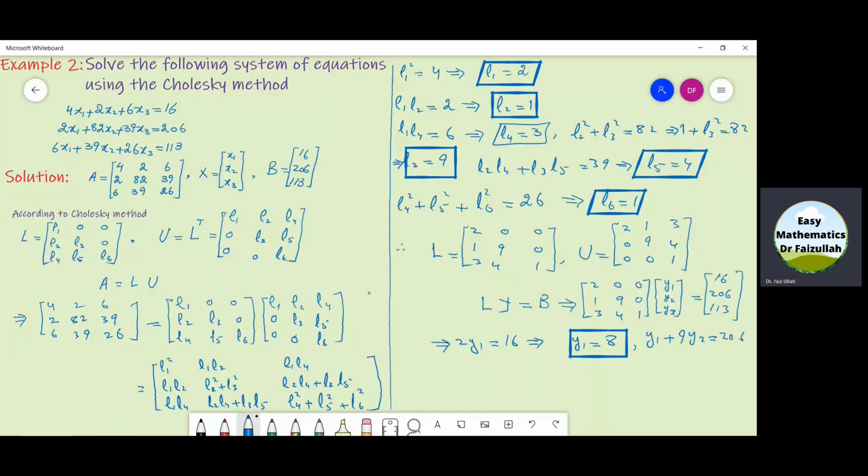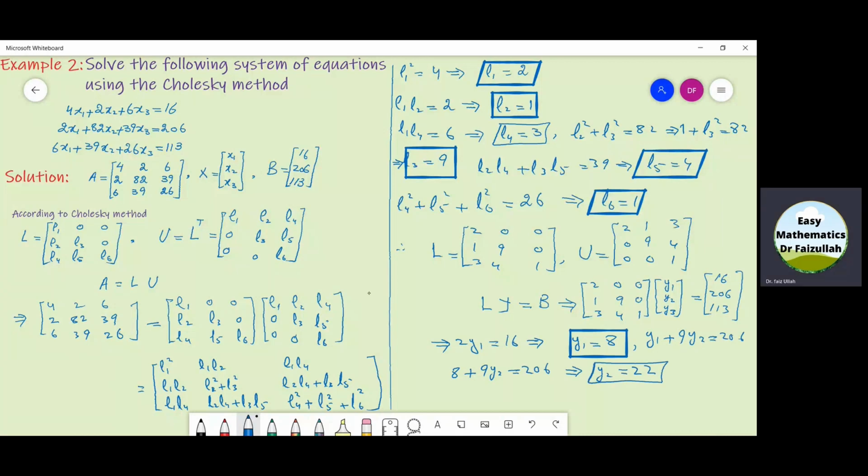But y1 is 8. So we can write 8 plus 9y2 is equal to 206. If we further simplify this, we get that y2 is equal to 22.